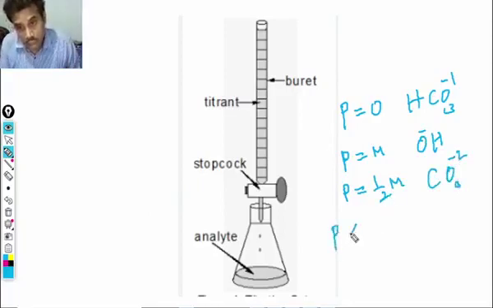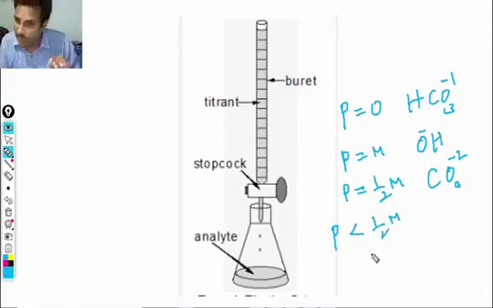Whenever P is less than half M, carbonates and bicarbonates are present. With the phenolphthalein indicator, only half of the carbonates can be reacted, and the remaining bicarbonates cannot react with the phenolphthalein indicator.